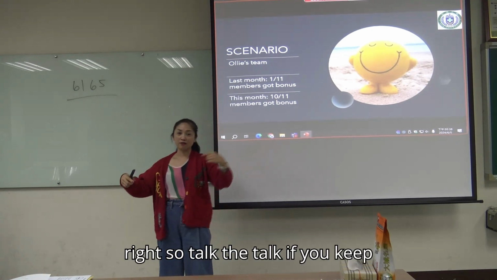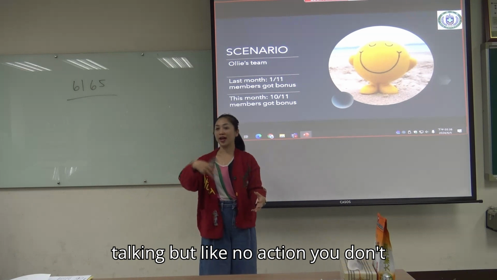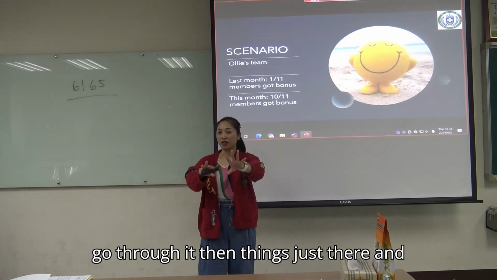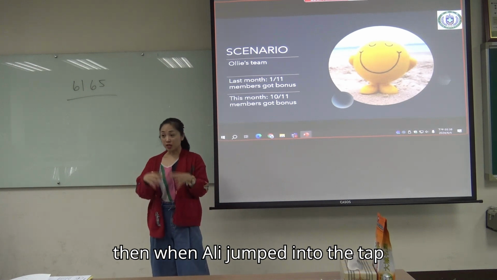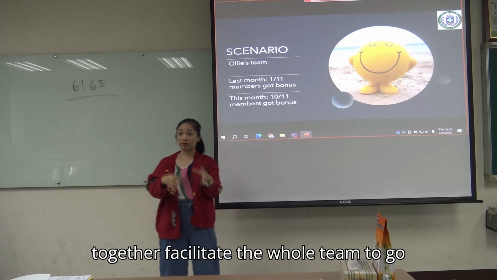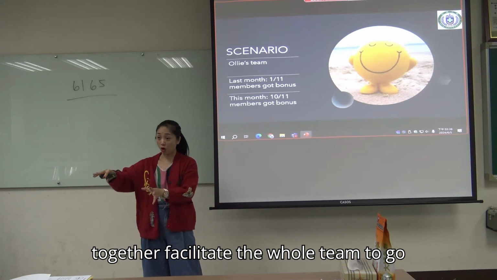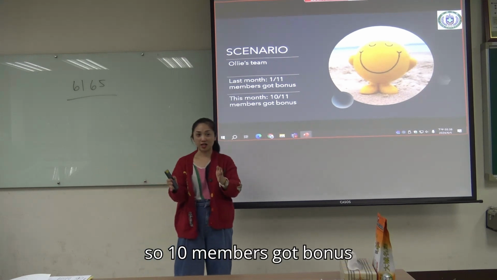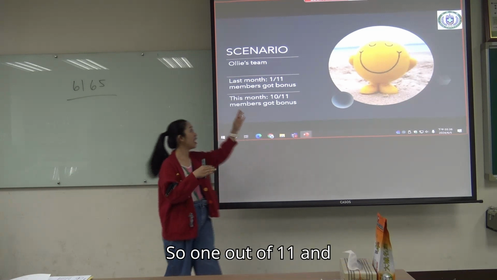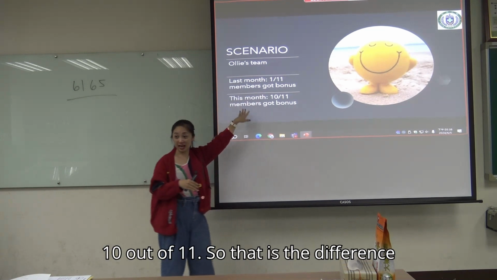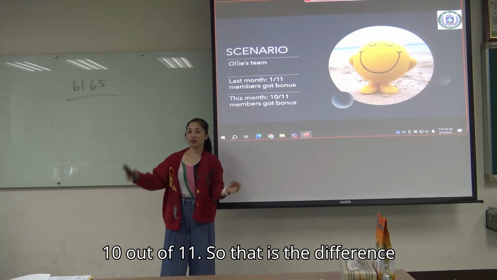If you keep talking but take no action, you don't go through it, then things just stay there. And when Olive jumped into the task and facilitated the whole team together, 10 members got a bonus. So 1 out of 11 and 10 out of 11, that is the difference.